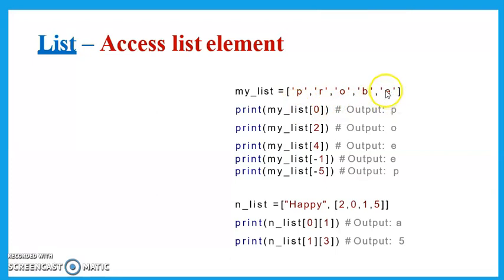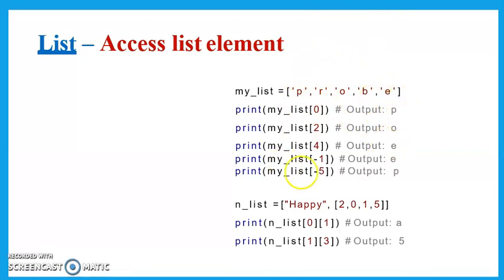-1 represents E, -2 represents B, -3 represents O, -4 represents R, -5 represents P. So negative indices range from -1 to the length of the list, but positive indices range from 0 to n minus 1, where n is the number of elements available in the list.